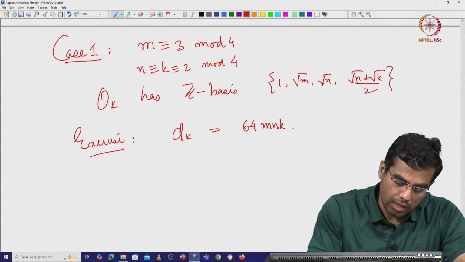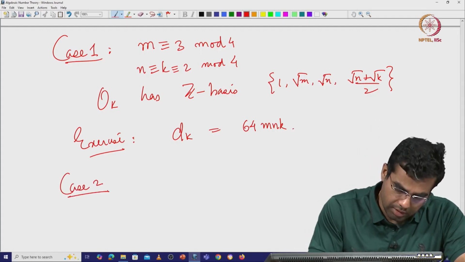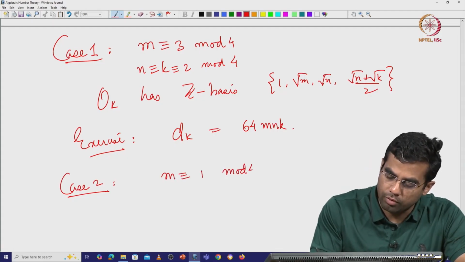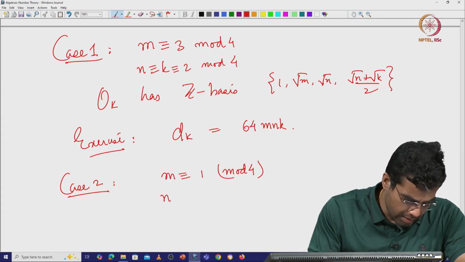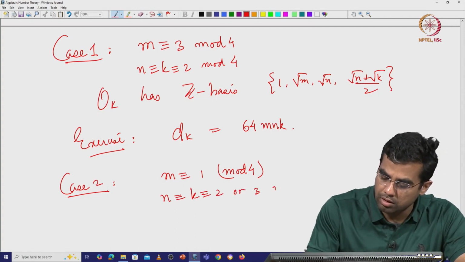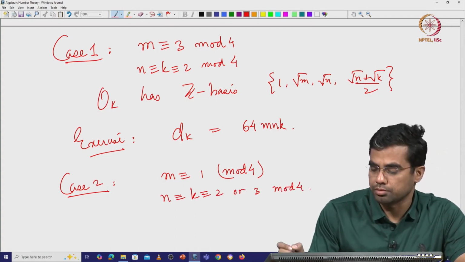Now case 2 that we considered was m is congruent to 1 mod 4 and n and k are congruent to 2 or 3 mod 4.